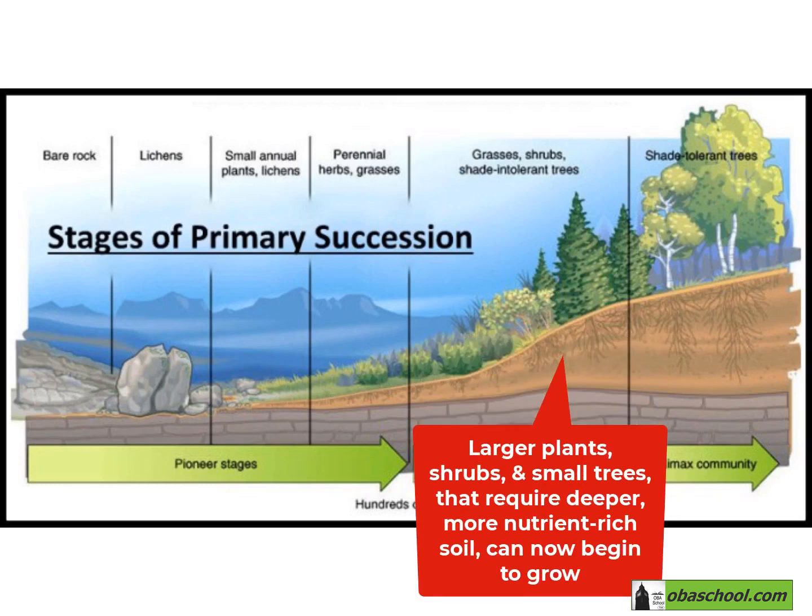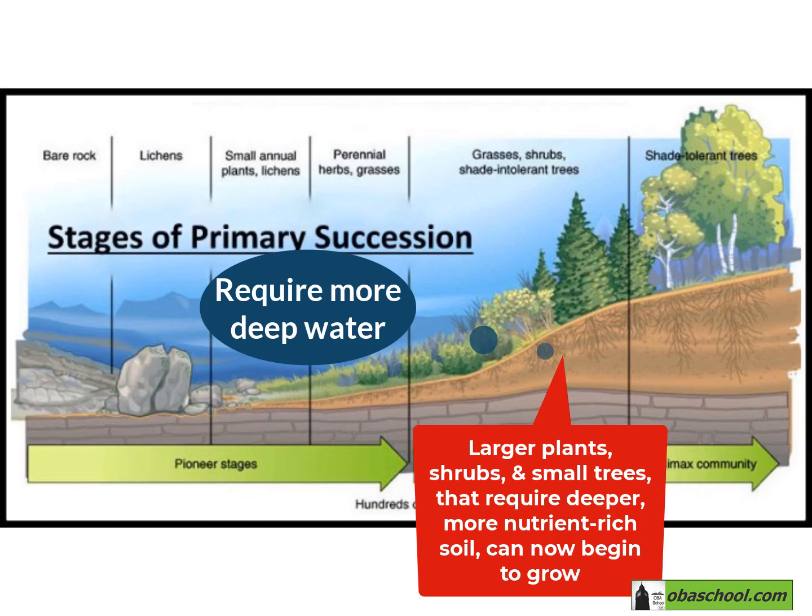After that, larger plants and shrubs, as well as small trees that require deeper, more nutrient-rich soil, can now begin to grow. In this case, these larger plants and small trees also require more water, which can be stored in deeper soils.